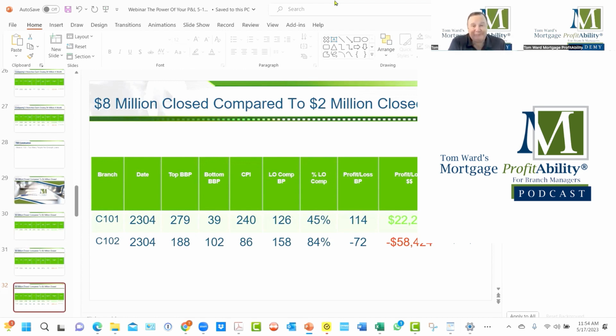And not only that, when we've had loan officers come to us after that and they want more compensation, for example, I've done the same thing. I do it with their individual pipeline. I put in their top bips, and then I take an average of what it costs, and I'll show them.